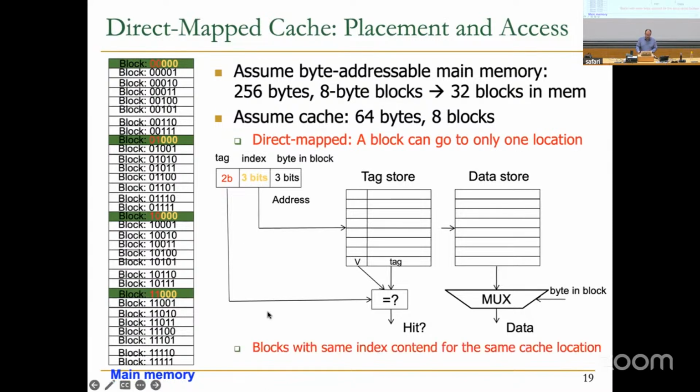So in direct map, blocks with the same index contend for the same cache location. In this example, we are showing them with this green highlight: block 0, block 8, block 16, and block 24.